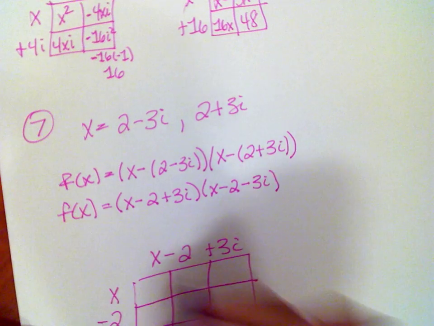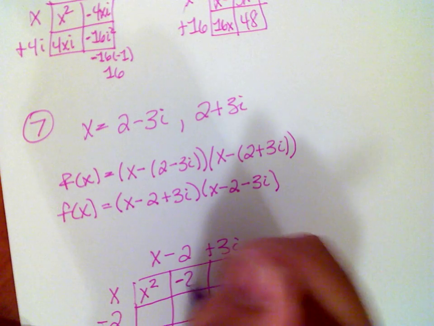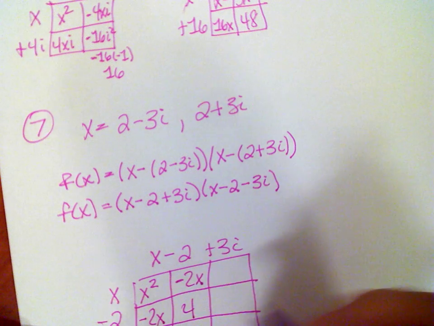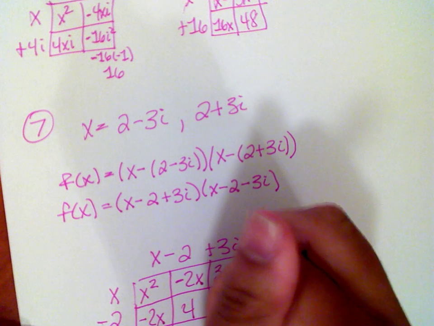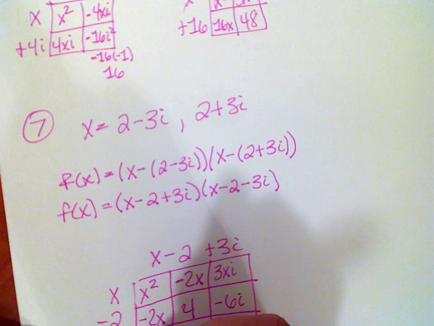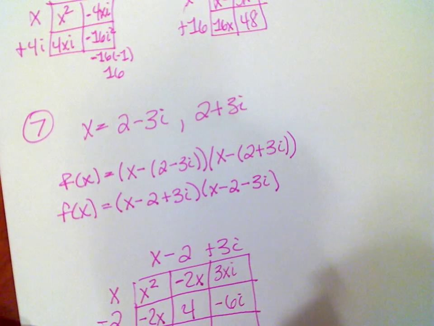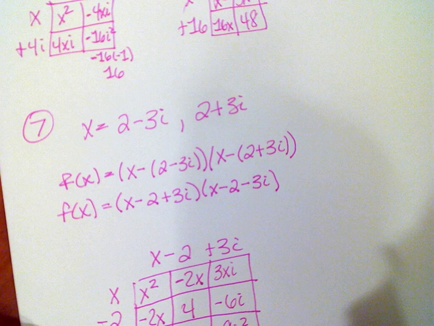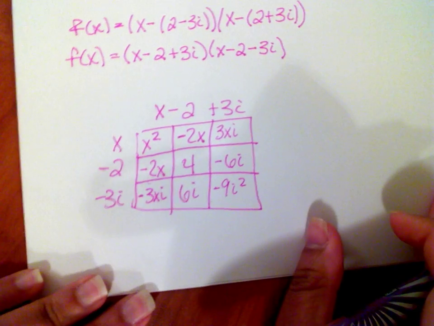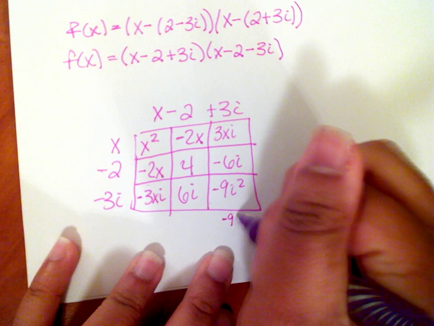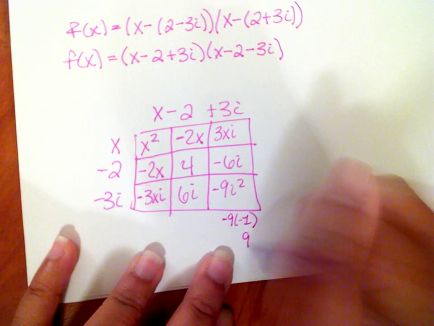We get x squared, negative 2x, negative 2x, positive 4, positive 3xi, negative 6i, negative 3xi, positive 6i, and negative 9i squared. Negative 9i squared simplifies to negative 9 times negative 1, which is positive 9.